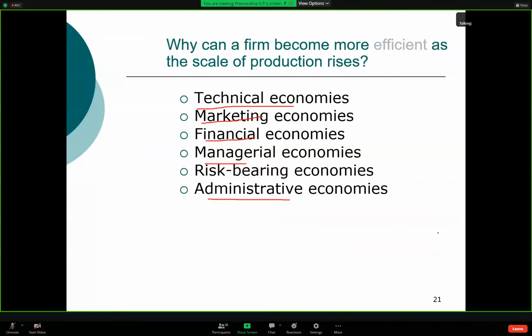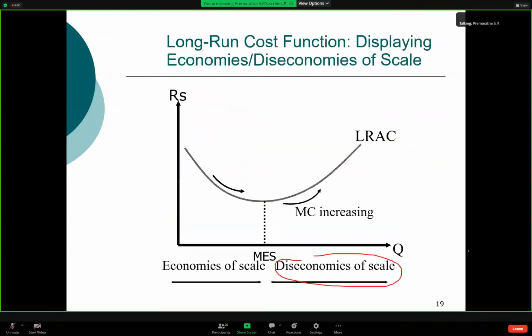Now if you look here, in the diseconomies of scale, you may try to conclude that the firm never expands beyond this point.